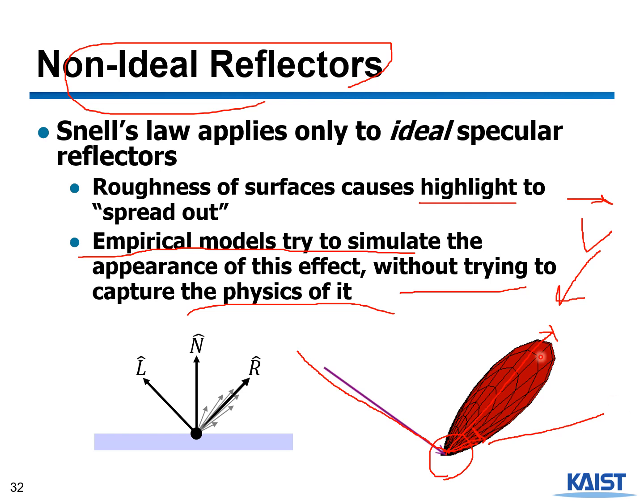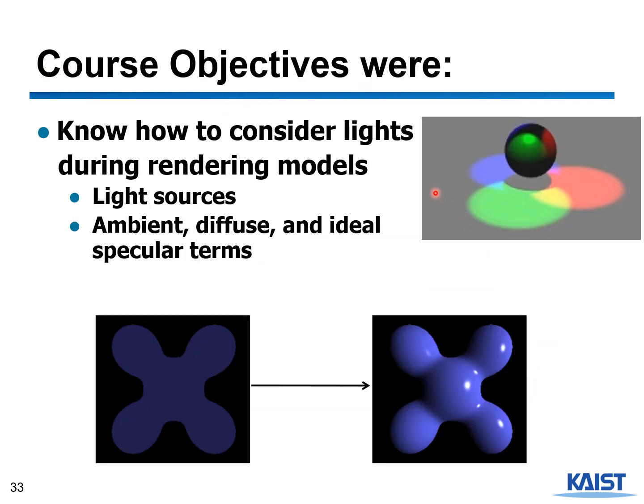Let's get back to the laser pointer here. Okay, that's it so far. I hope that by now you can understand how we can consider light during the rendering model. We talked about the different types of light sources. Also, we talked about different terms we can use to represent these models, like the ambient term, the constant diffuse term, the cosine term, the Lambertian cosine law, and the ideal specular term.